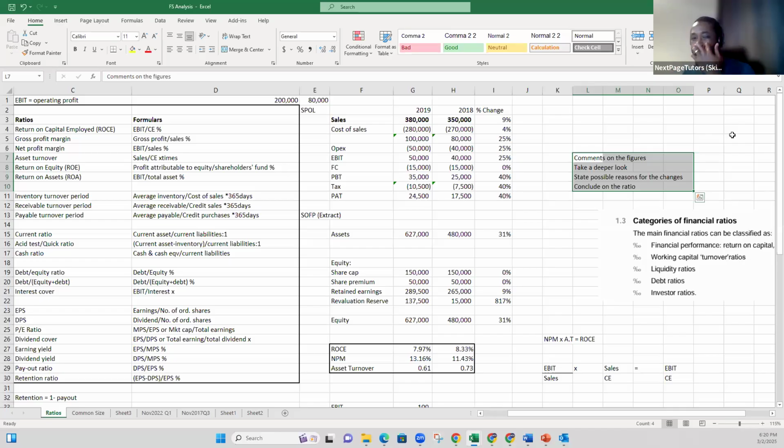Sometimes in your question, it could be that something happened in the additional information. They gave you something, one line to tell you that they decommissioned a particular asset, or they discontinued a particular operation, watch out for those information. What is the impact of it on the overall financial statement?